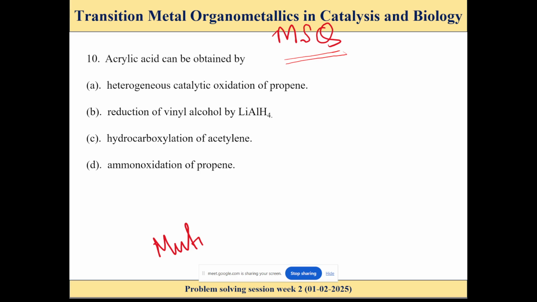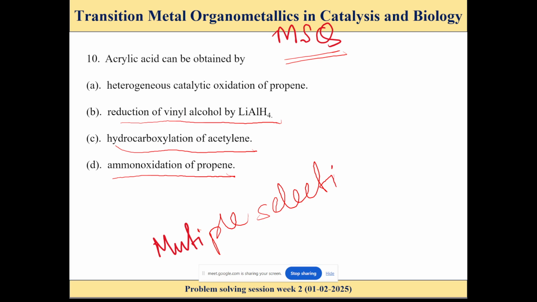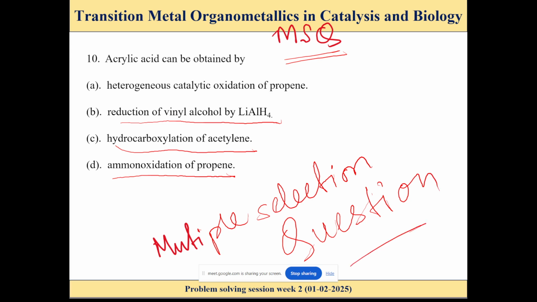So acrylic acid can be obtained by heterogeneous catalytic oxidation of propane, reduction of vinyl alcohol by LiAlH4, hydrocarboxylation of acetylene, or ammoxidation of propane. So this is a multiple selection question. Okay.